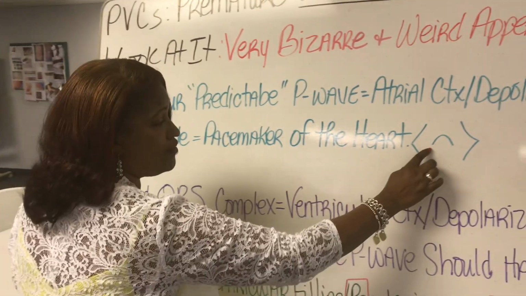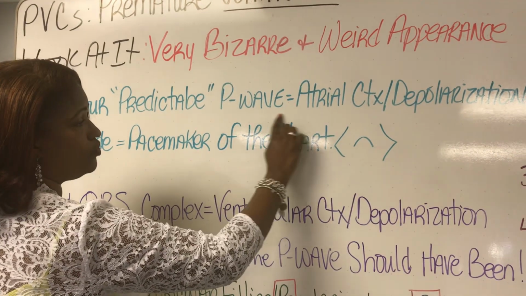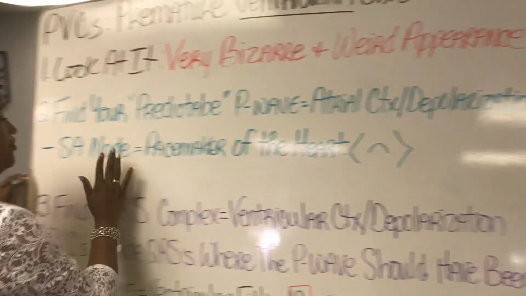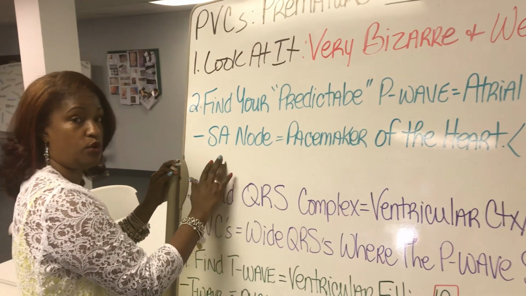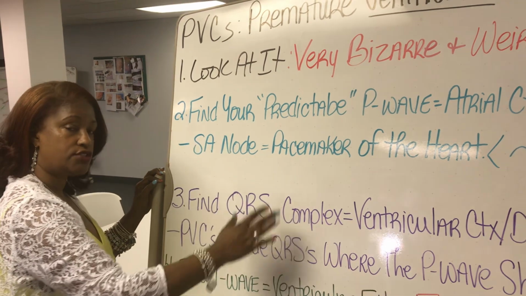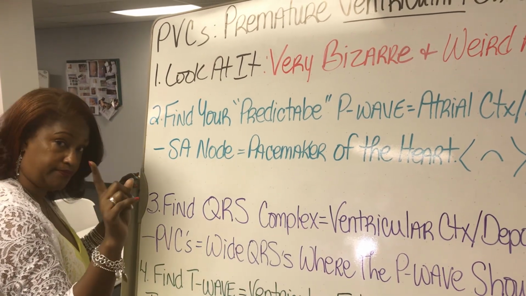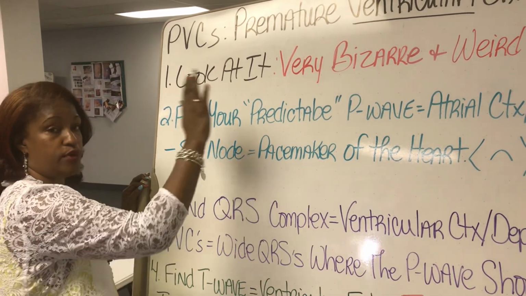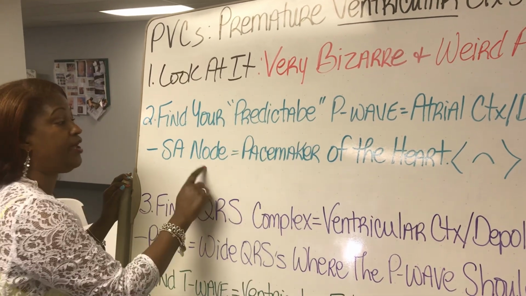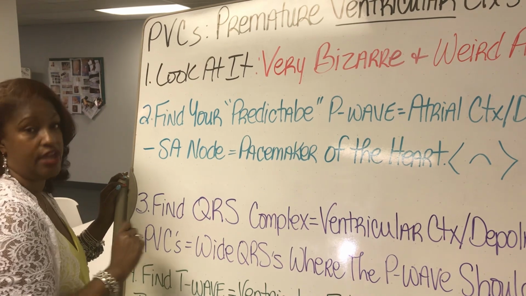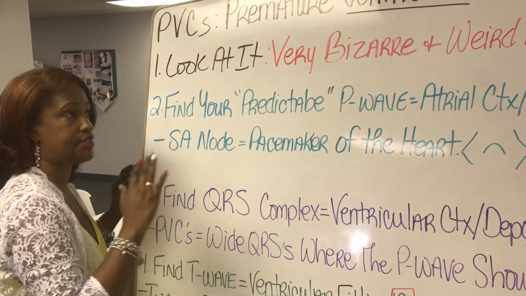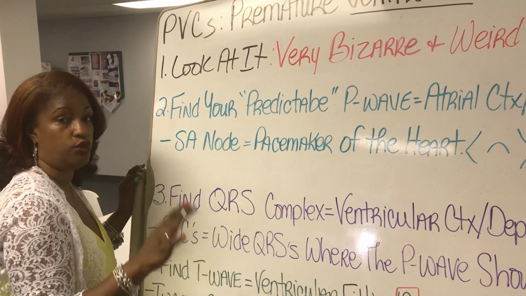Remember that the P wave is a little predictable half moon, and that this SA node business is in the right side of the heart, so it's going to start this rate off. The problem is that with premature ventricular contractions, this is coming before the P wave. It's trying to take over the SA node's duty, setting the pace of the heart and doing goofy stuff.